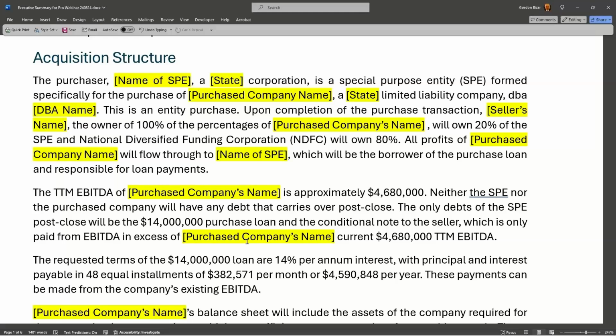Now, why is this important? You've probably gone to lenders, and no matter how much money you wanted to borrow, the question comes up of signing personal guarantees. I don't sign personal guarantees ever. Don't do it. And when I show them how I'm going to structure the acquisition and the sophistication of the structure, they know not even to ask me to sign a personal guarantee.